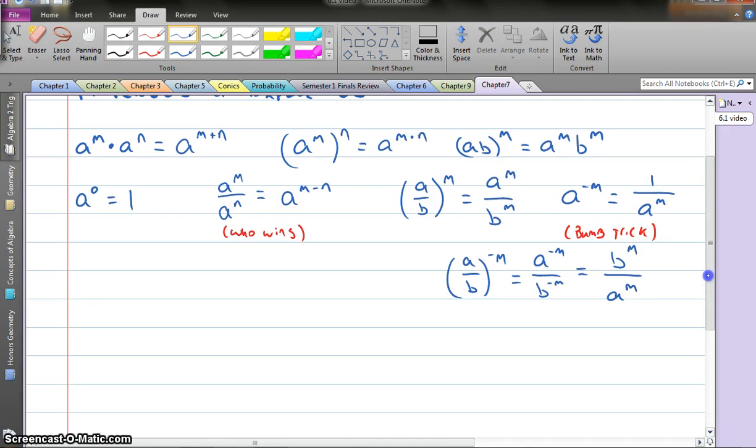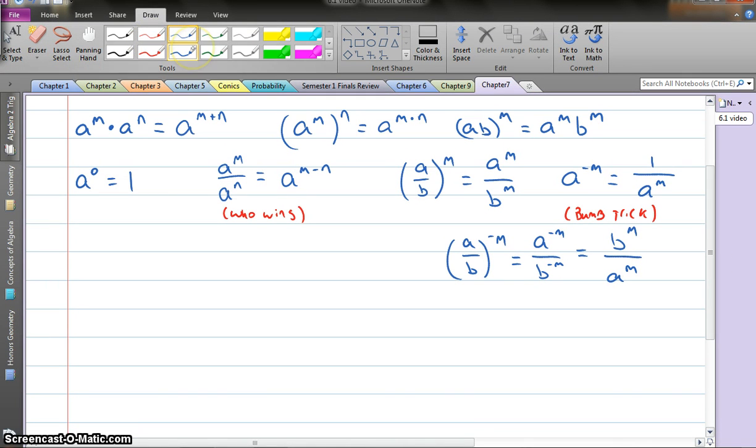All right, so now let's do some examples and see how this applies. Example 1, I have x to the 4th times x to the 3rd. Example 2 is x to the 8th over x squared.